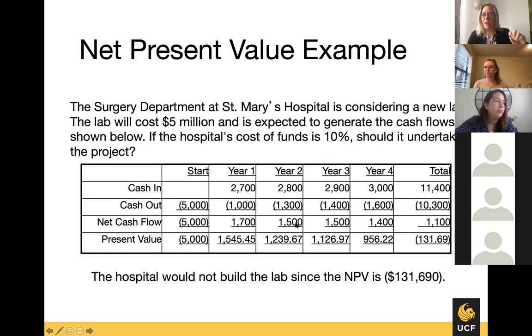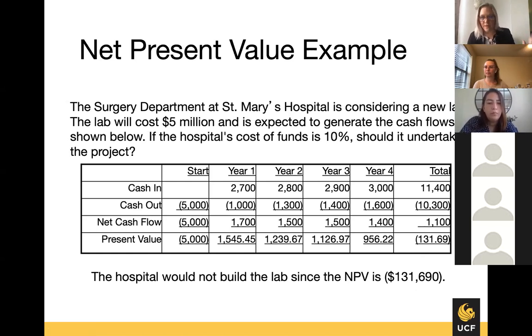So each N and the future value in the calculations are going to be a little bit different. And then in this problem, we can see that once we add all of these up together, we've got the negative 5,000, and then we've got the positive cash flows. But we can see here that the net present value is in fact negative, which makes this a bad investment.